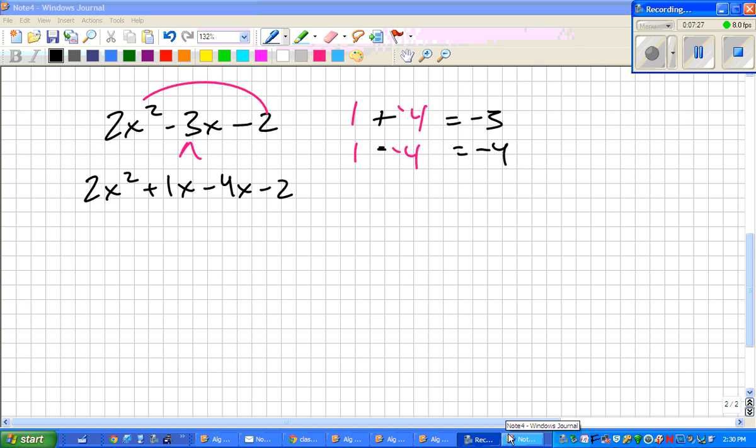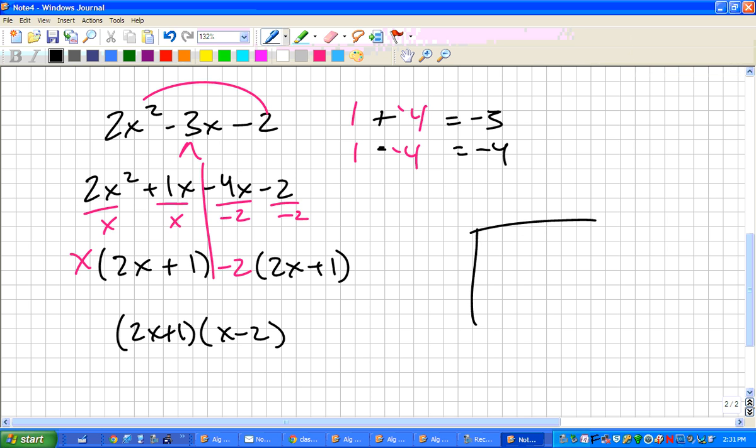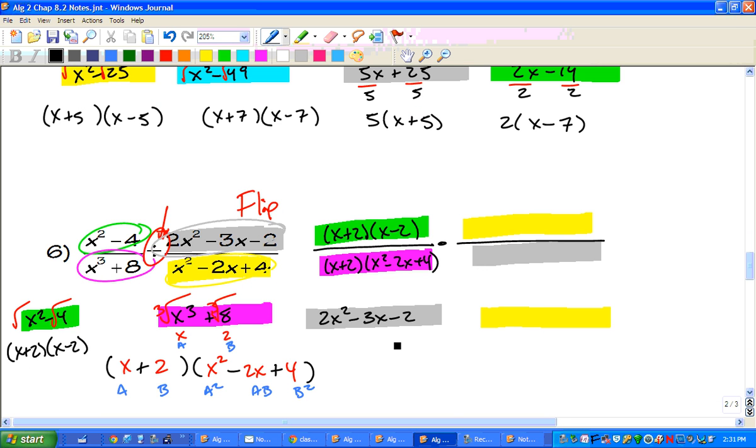Let's pause the video, and I want you guys to factor that yourself. After you factor that, whether you split the middle term or used the box, you should have gotten 2x plus 1 and x minus 2.